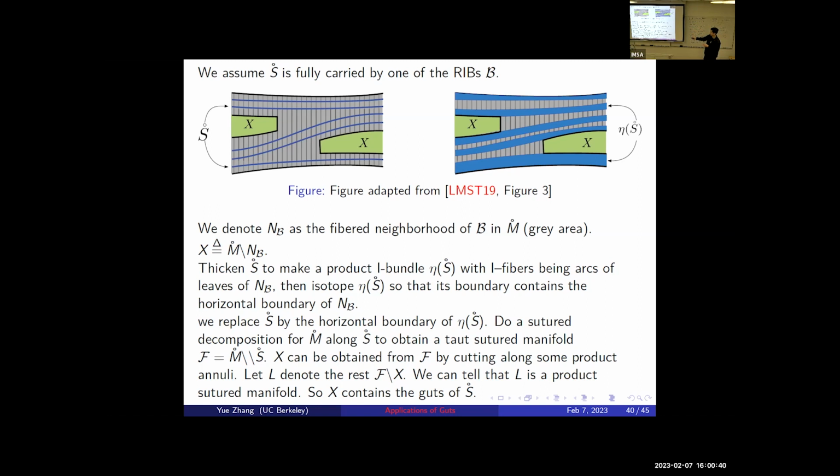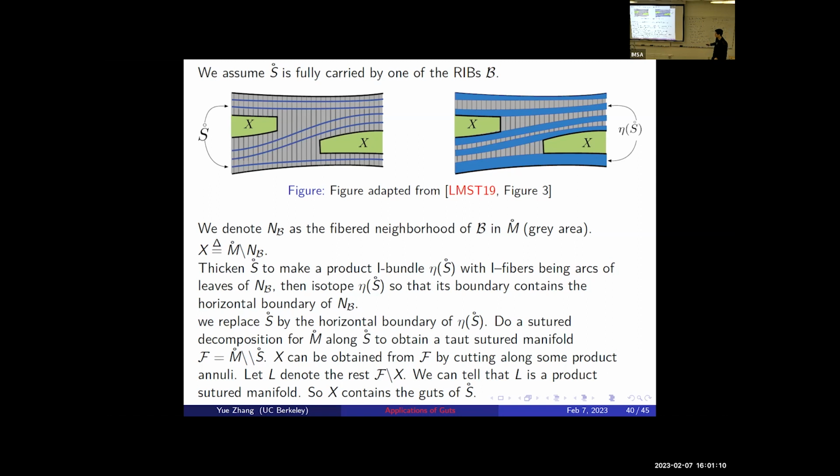So you can see it's fully carried by this branch surface. And we are going to show that the guts of this S circle is contained only in X. So kind of like trying to decompose the sutured manifold into two parts, which are the trivial part and the non-trivial part.